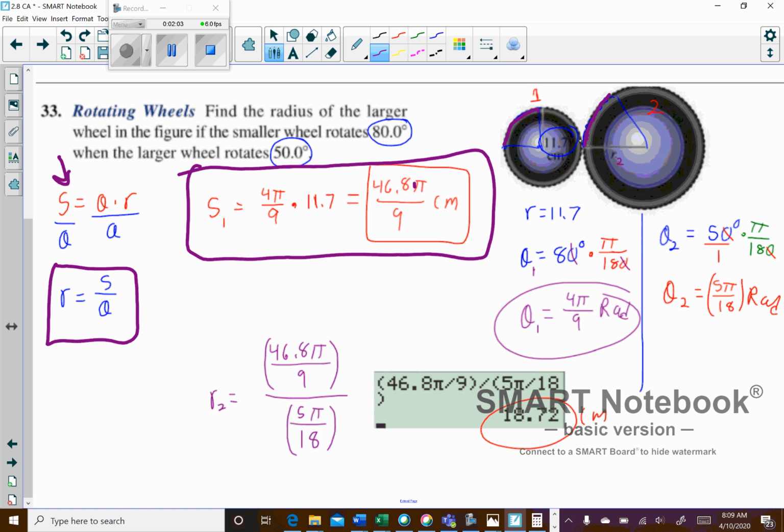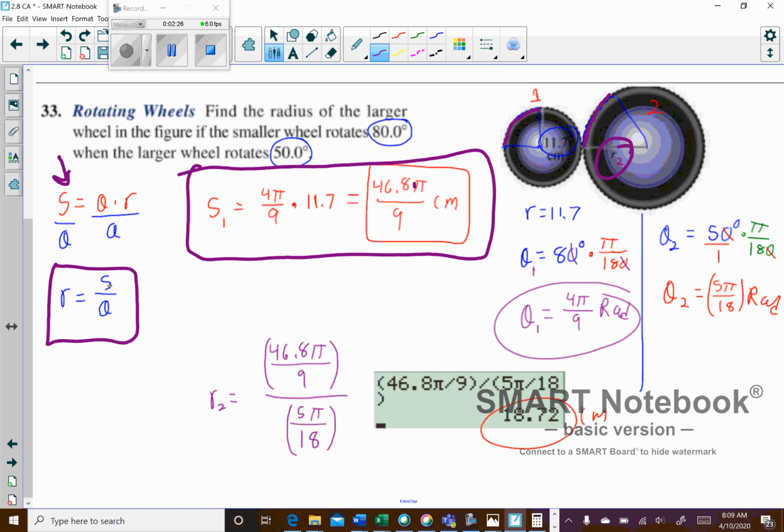Okay, so then to figure out the radius, so we're solving for radius, what I did was I took the formula for arc length and solved for r. So I divided by theta on both sides. So I got that radius is equal to arc length divided by my central angle, theta, okay?